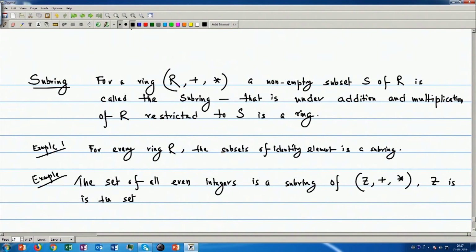Then also it holds, set of positive integers. You can write set of integers.